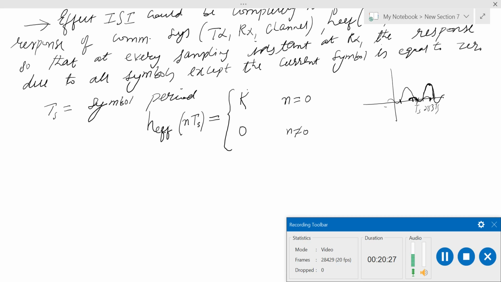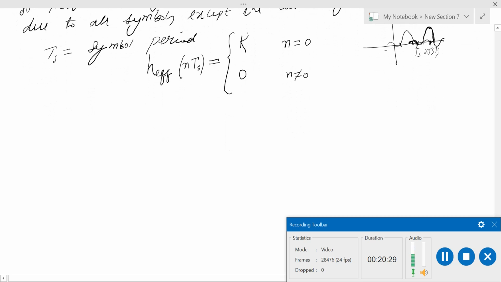So now to get it even more clearly, we have some representation. Suppose p of t represents the pulse shape of the symbol. Okay, so in our case, if you have a simple rectangular pulse, so p of t is simply a rectangular function.